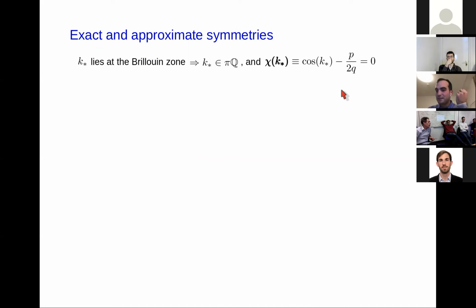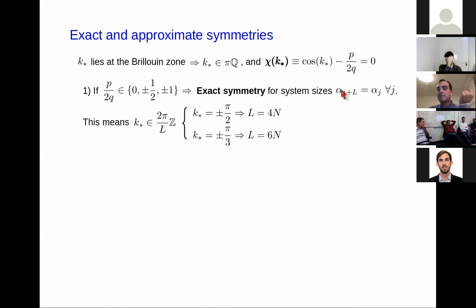The first is that this can only happen for particular cases of P over 2Q. So you can show this will be an exact symmetry for certain system sizes that fulfill this periodicity. For example, for P over 2Q equals 0, this solution K star is pi half, and this will only be an exact symmetry for system sizes that are multiples of 4.